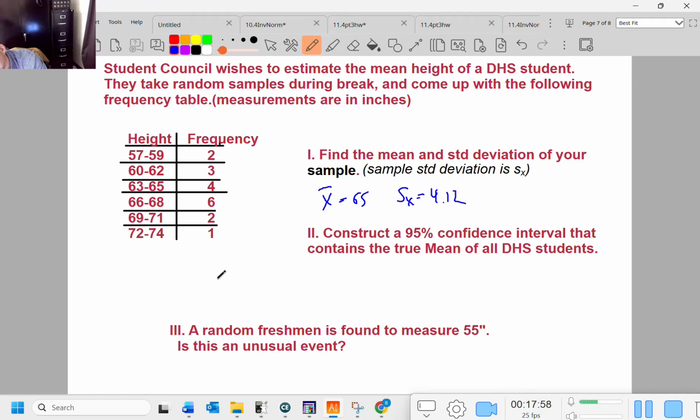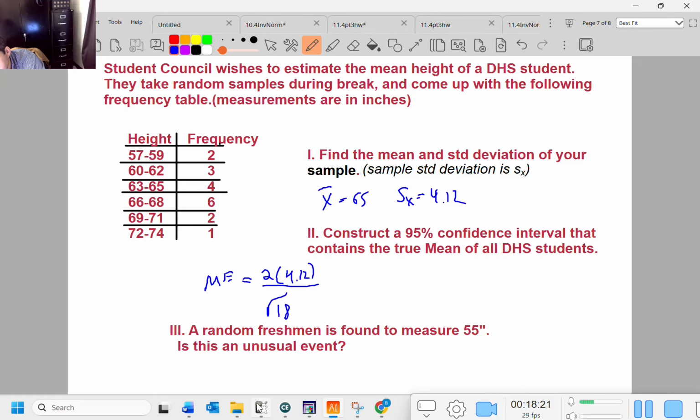Again, so for the fourth time today, we're going to find the margin of error. It's 2 times 4.12 over the square root of the sample size. So we got 2 and 3 is 5, 9, 15, 18.